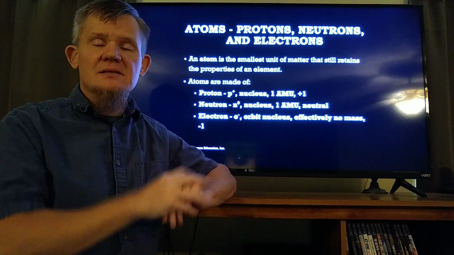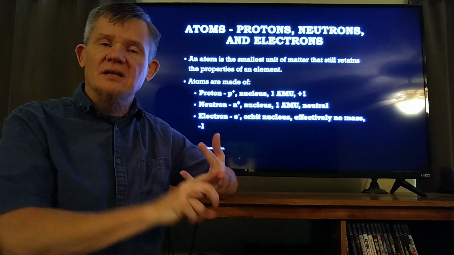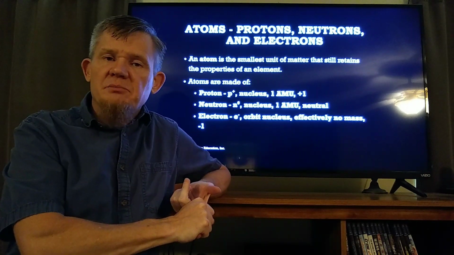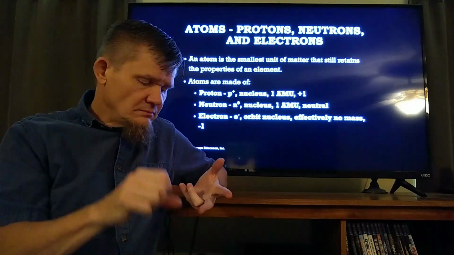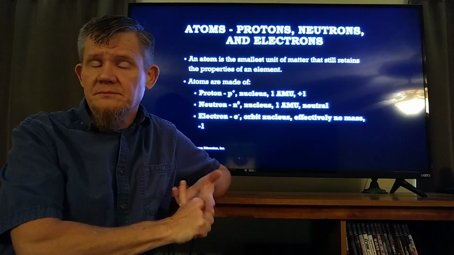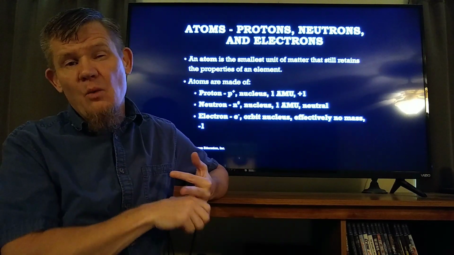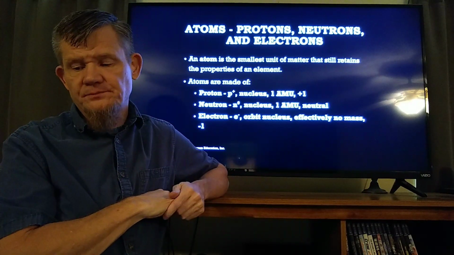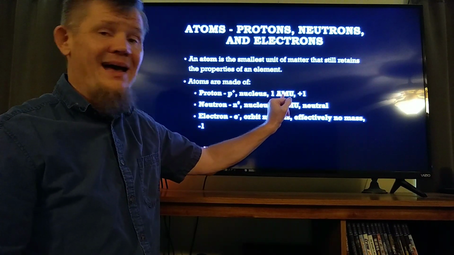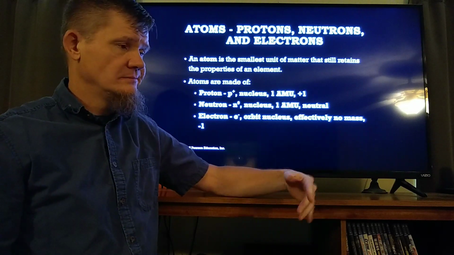Atoms are made of 3 things: protons, neutrons, and electrons. Protons have the symbol P+, P for proton, plus for its charge, positive 1. Protons are found in the nucleus of the atom. And protons have a mass of about 1 AMU. AMU stands for atomic mass unit.